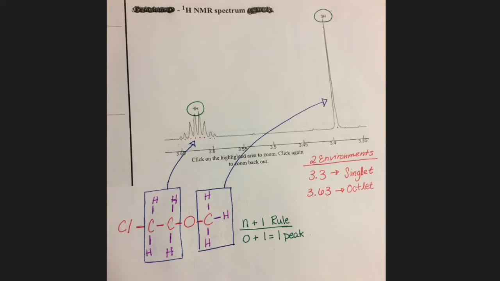But we see that there are still 4 integrations and there are 4 hydrogens in this environment. So it makes sense to see that splitting pattern, but also that integration of 4 for this set of hydrogens.